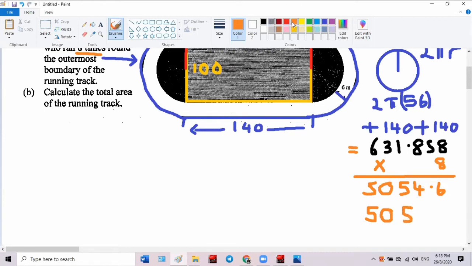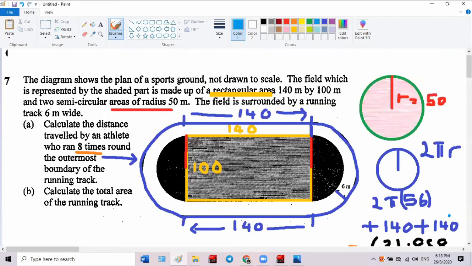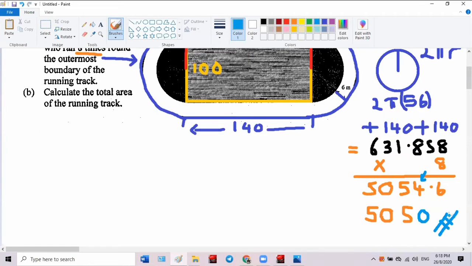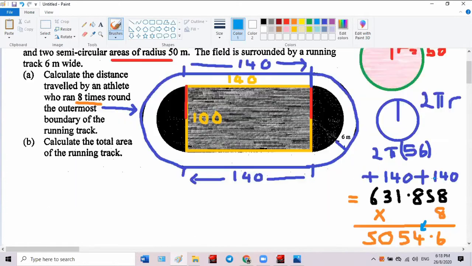Before we throw them away, this guy is 4, useless. If it's 5, I have to put 506. In this case, 4 is useless, just put 0, 5050. I don't even need the decimal. In this case it's meters, because it's talking about meters. So 5050 meters. Now you understand? Okay, we are doing the next one.